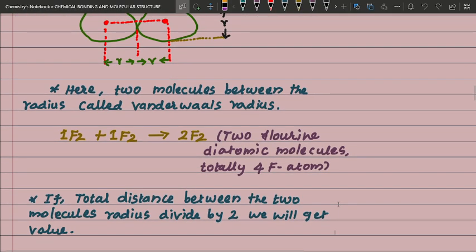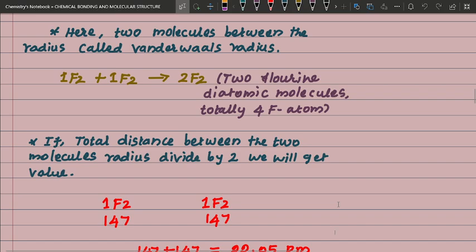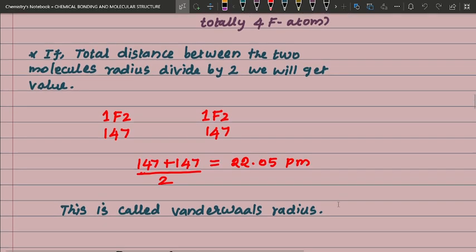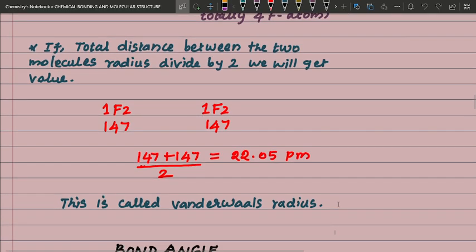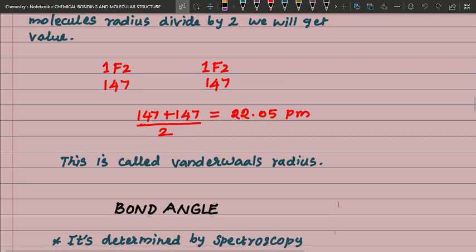So one F2 molecule and another F2 molecule give two fluorine diatomic molecules, totally 4 fluorine atoms. The total distance between the two molecules divided by 2 gives the value: 147 divided by 2, so we get 73.5 picometer. This is called the van der Waals radius.